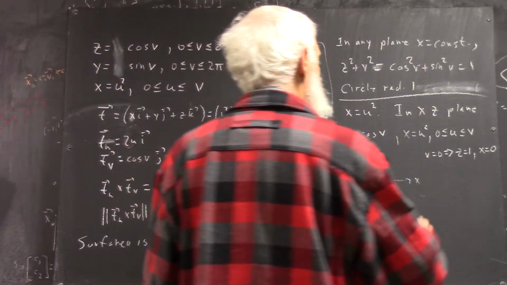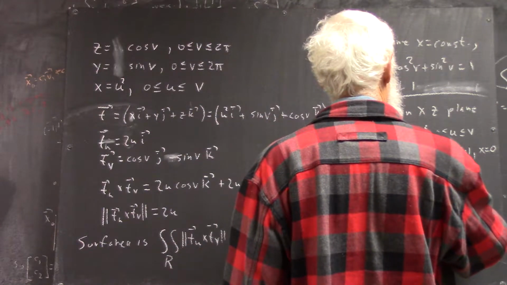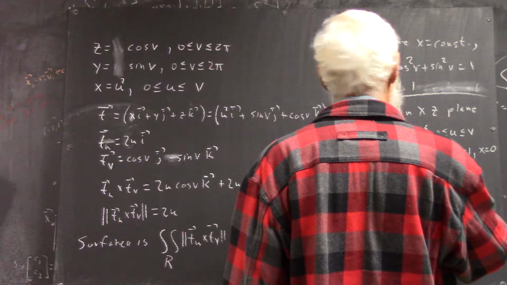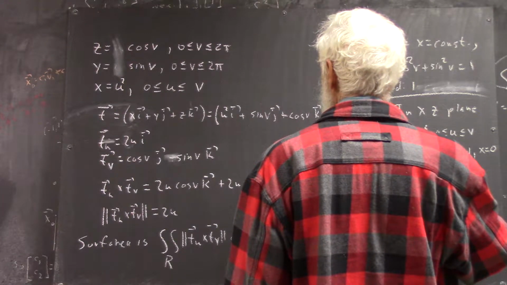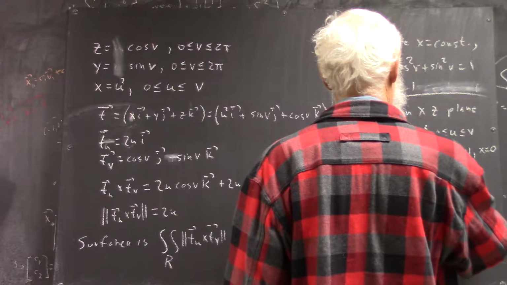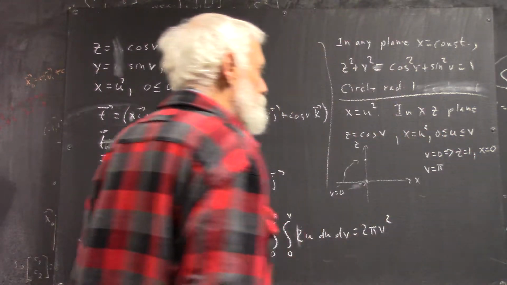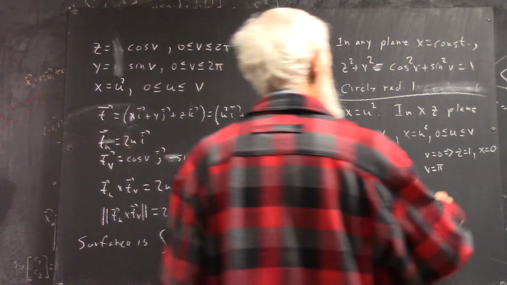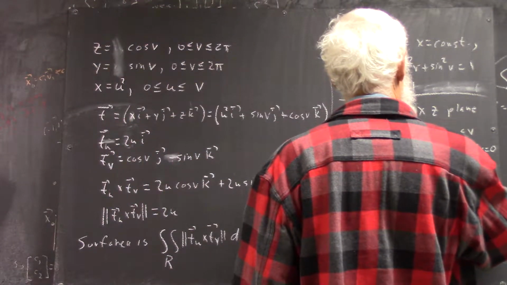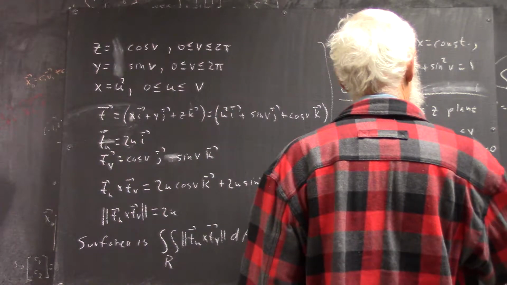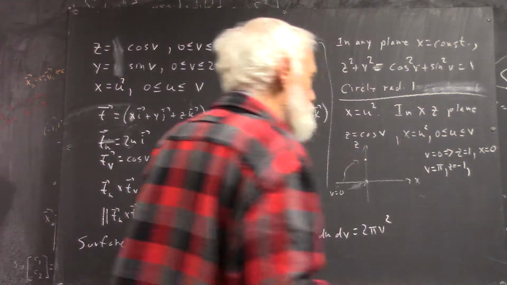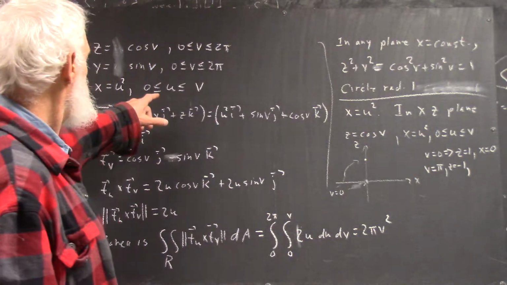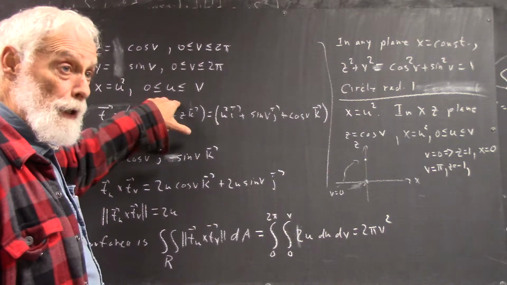Now for v equals, let's say pi, z is -1, and x goes, well, u goes from 0 to pi, right?